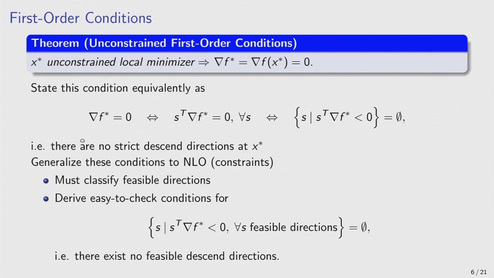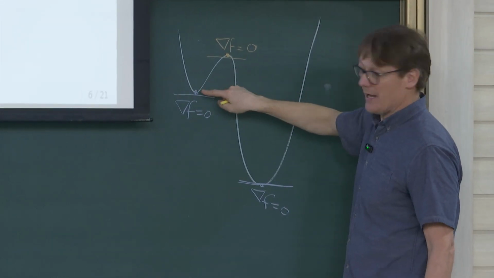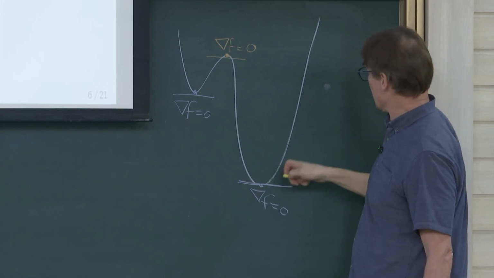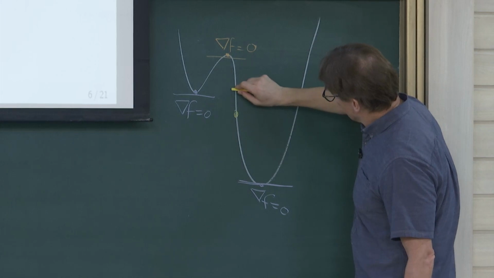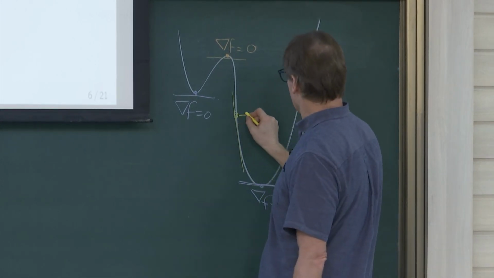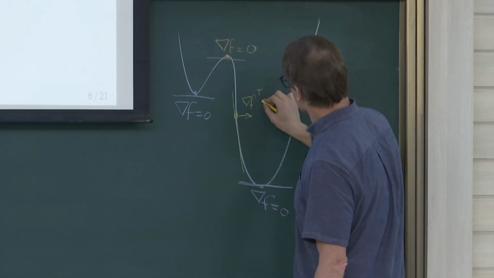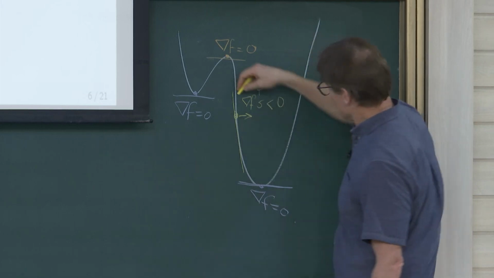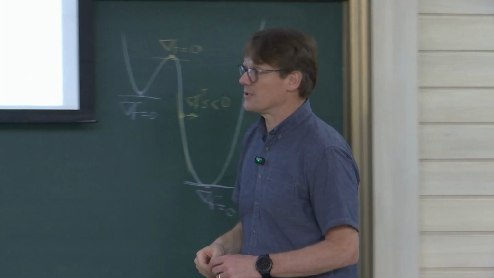So if you look at this, if you're here, locally you cannot go downhill, and similarly here you can't go down. But if you're at a different point, say this point here, then there exists a direction, this one here, where grad f transpose s is less than 0. You have a descent direction. Locally, you're reducing the objective function.